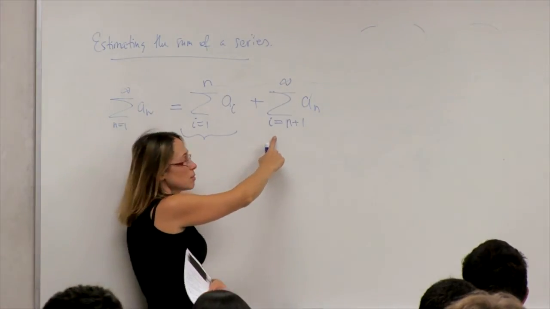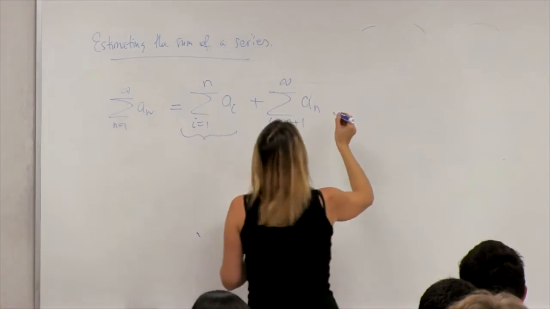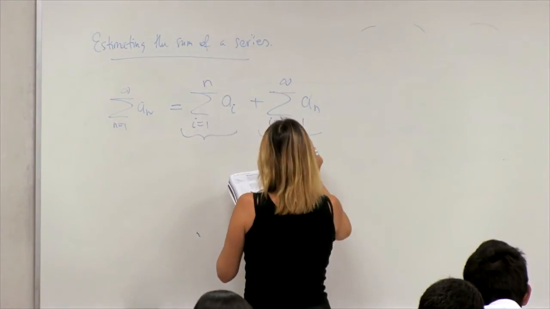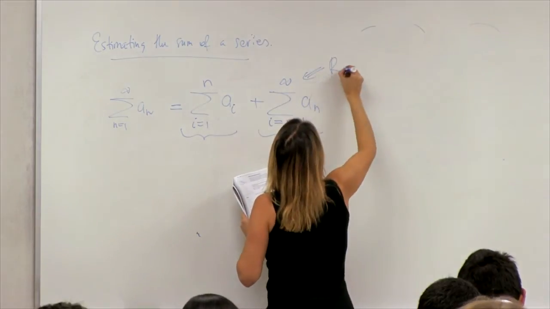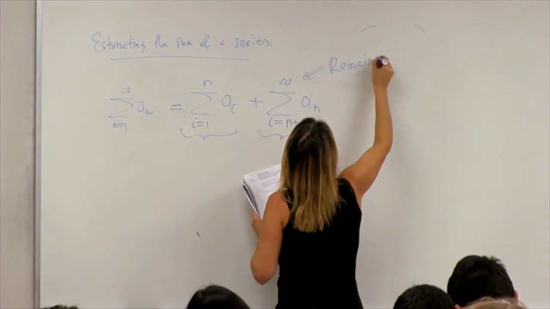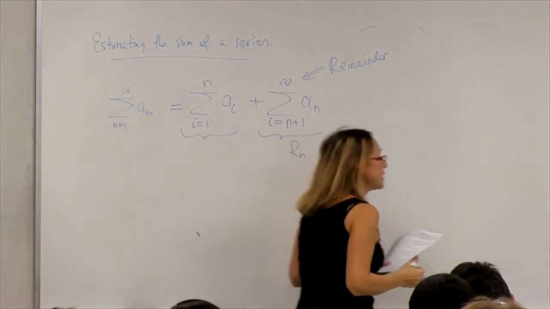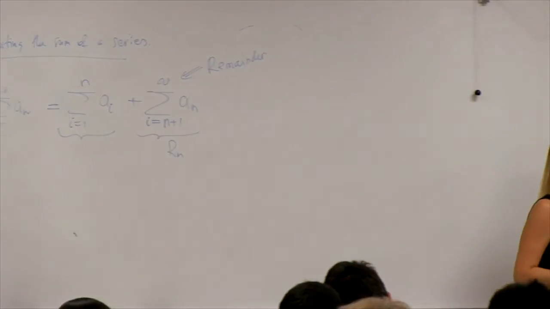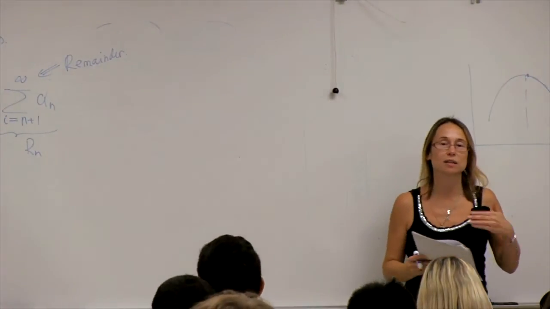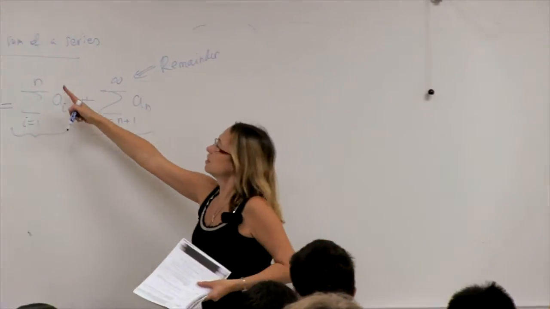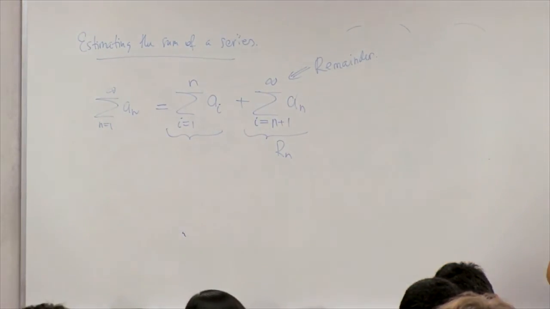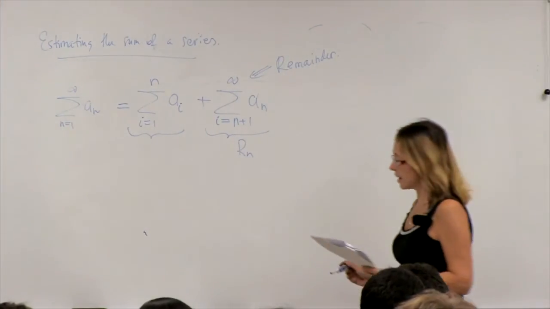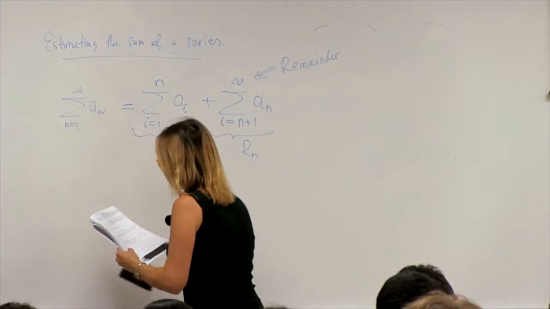So presumably this is somehow small. Let's call this Rn. Call this the remainder. If we can estimate this remainder, we can say, okay, this is less than 0.1, then we know that the finite sum, the partial sum that we calculated, is not too different from the actual infinite sum.